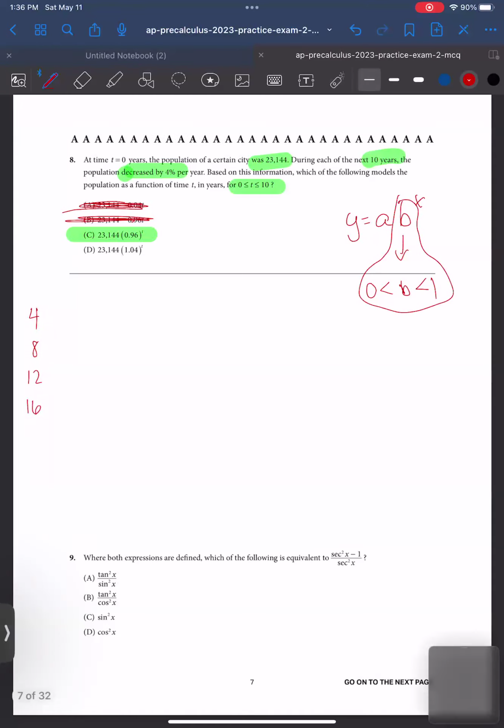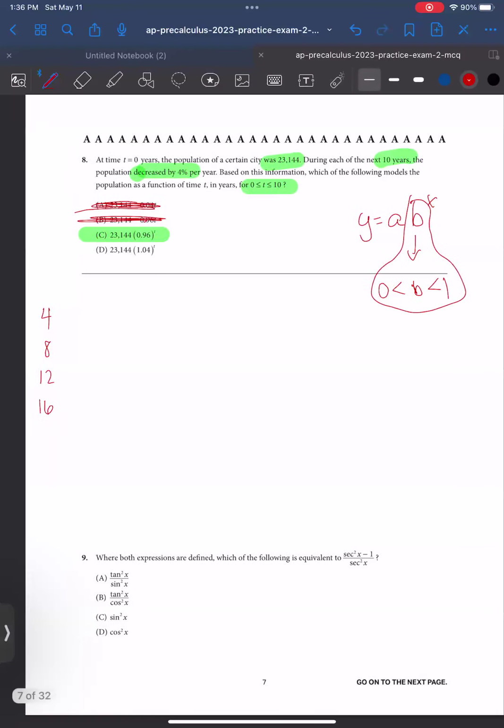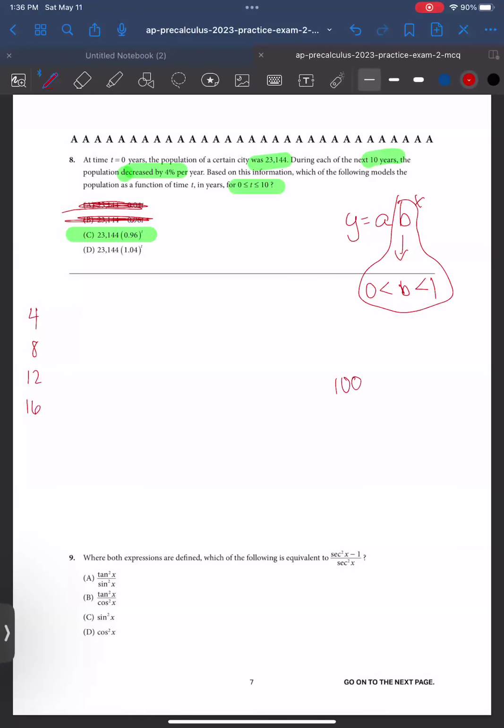The other way you can think about it is that you have 100%, because every percent is out of 100%. And then they tell you that you have a 4% decrease. So really it's a negative 4%. So you would subtract 0.04 from 1, and you would get 0.96.